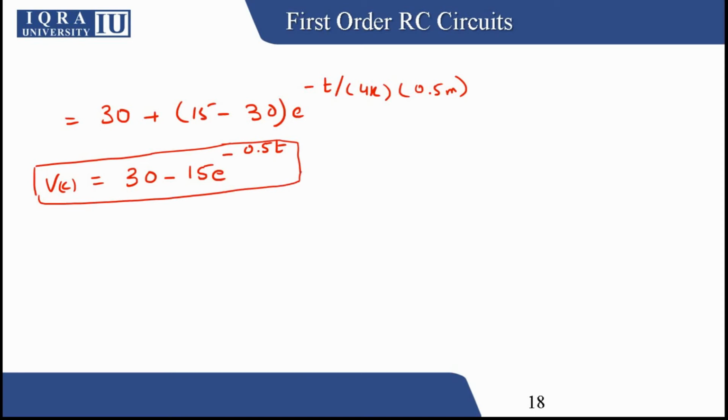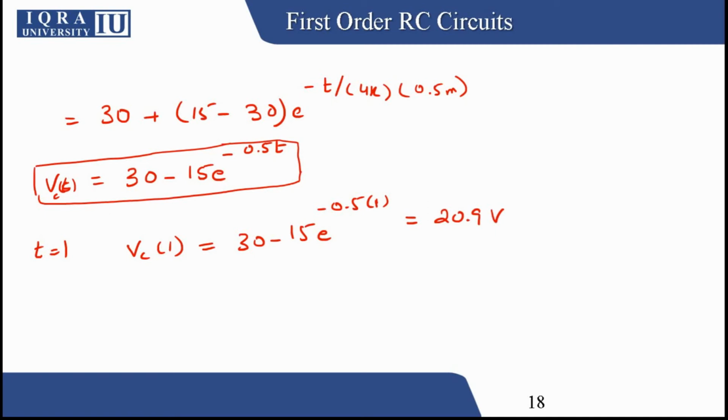So we can also write Vc of t. This is a function of time. The capacitor voltage is a function of time. Let's take an example: if we put t equal to 1, we can say Vc of 1 will be 30 minus 15 e to the power minus 0.5 into 1, and the voltage across the capacitor will be 20.9 volts after 1 second.